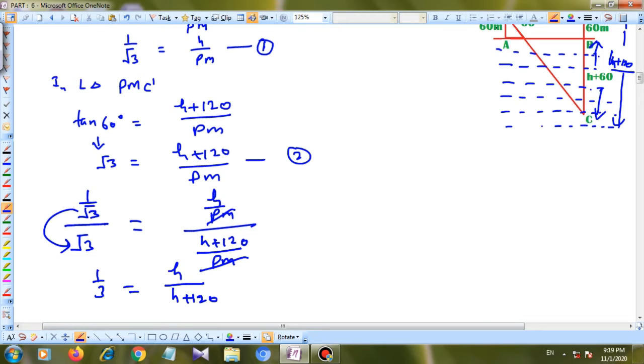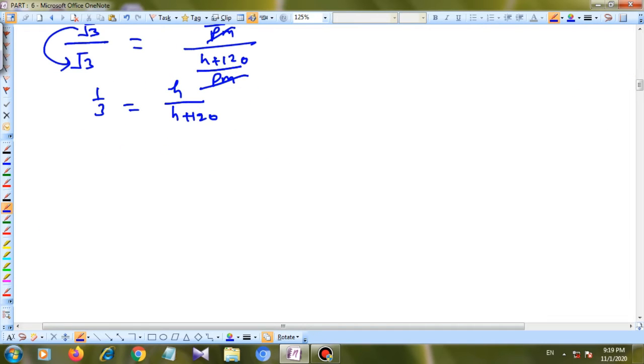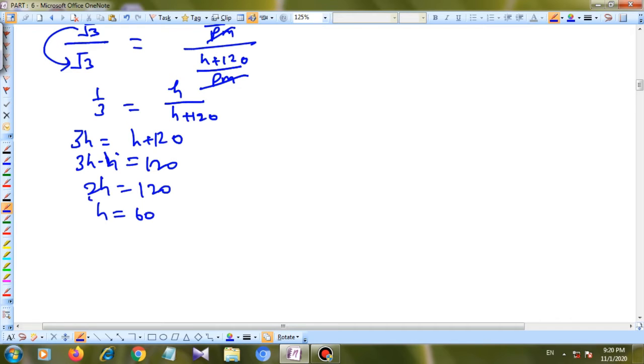Now solve it. So 3h equal to h plus 120. So 3h minus h equal to 120. So twice h equal to 120, means h equal to 60. So here the value of h is 60.